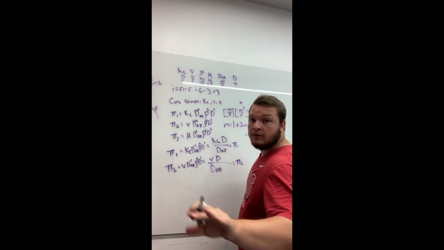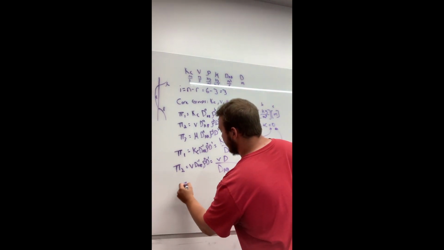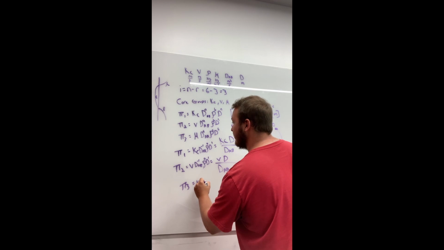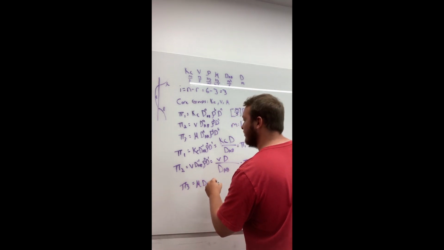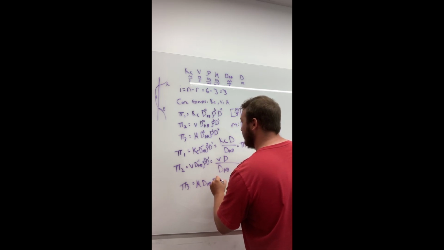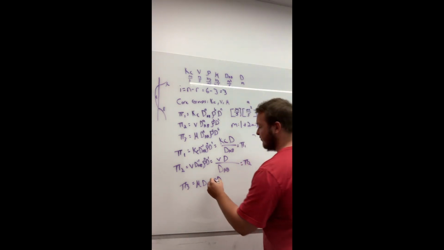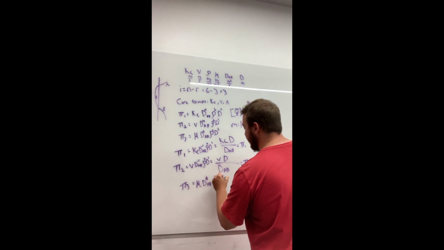So now we know that pi 3 is equal to the viscosity times the mass diffusive coefficient times density times the diameter, and then we put DEF.